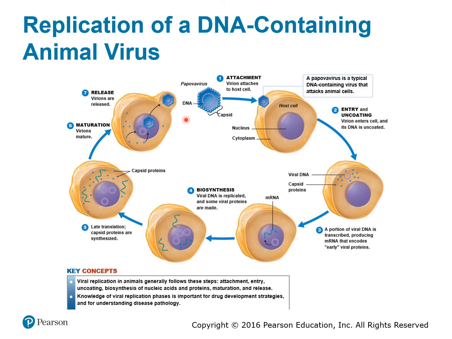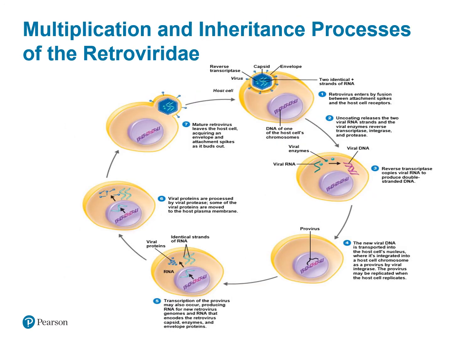But if it's a virus that doesn't have an envelope, then what usually happens is the host cell ruptures open and the virus gets released. And then, of course, once the virus is released, it can go ahead and infect another cell. Some viruses are known as retroviruses, and that's because those viruses contain RNA for their nucleic acids, and they contain an enzyme known as reverse transcriptase.